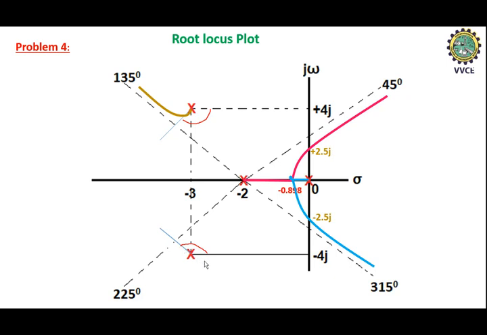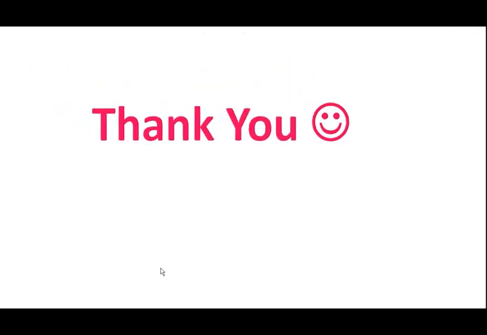So consider it in the anti-clockwise direction, and from 140 degree to 225 degree the curve will turn. This is the movement of all the poles in this problem with the four different infinite branches in different directions, that is 45, 135, 225 and 315 degrees. Thank you. This completes root locus.